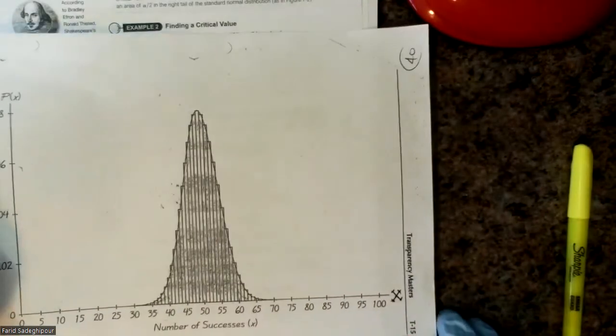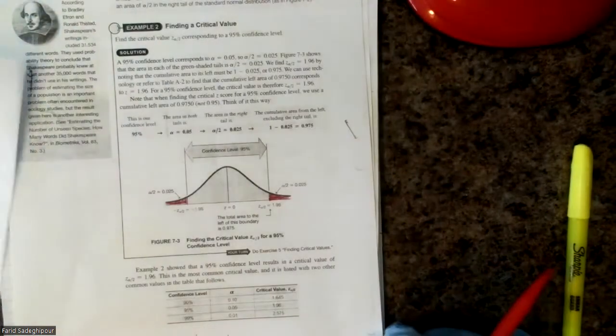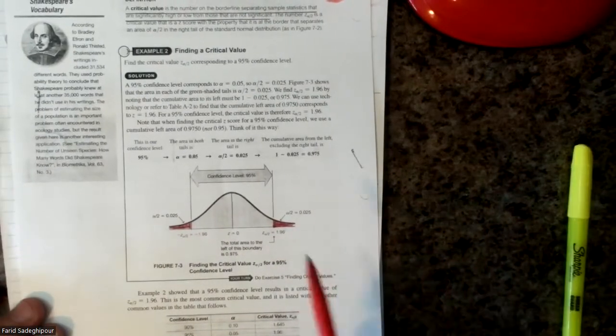And this is a better picture of the histogram. Now, if alpha is given in the problems, say the confidence level is 95%, what we do is this: the total area under the curve is 100% or 1. So if the confidence level is 95% or 0.95, how do I calculate these 2 areas?